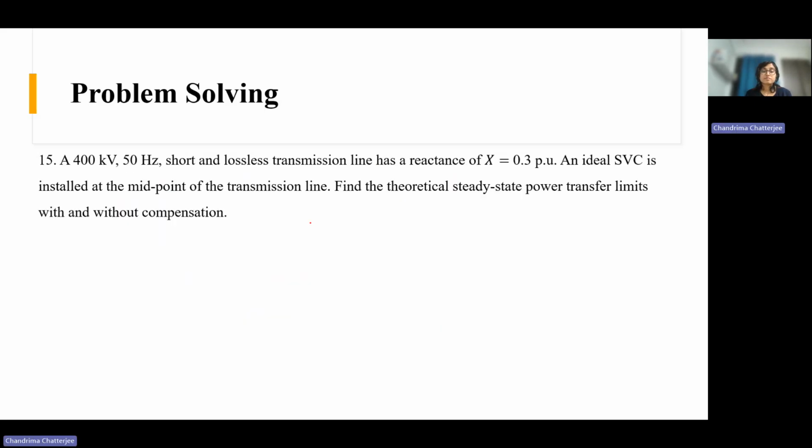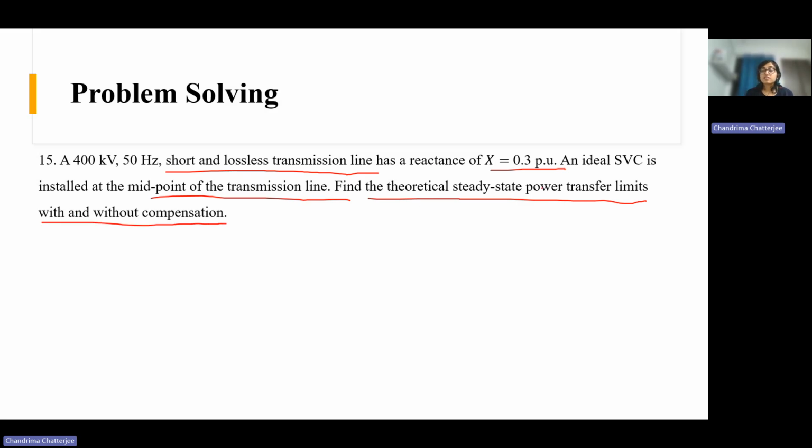Next question. A 400 kV 50 Hz short lossless transmission line has reactance X equal to 0.3 per unit. An ideal SVC is installed at the midpoint of the transmission line. Find the theoretical steady-state power transfer limits with and without compensation.